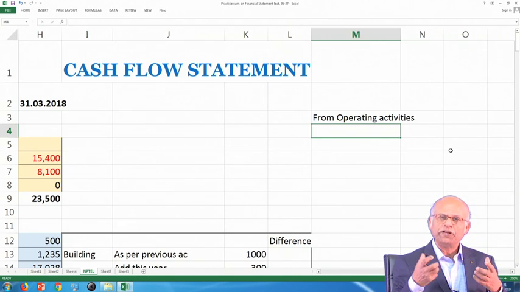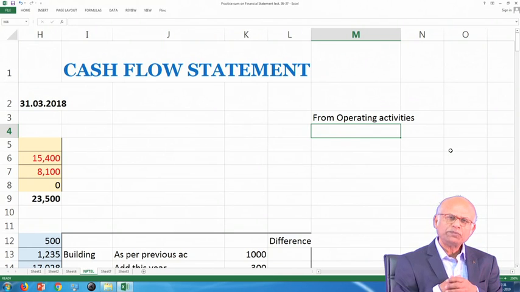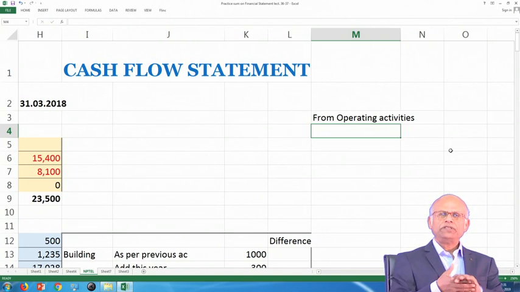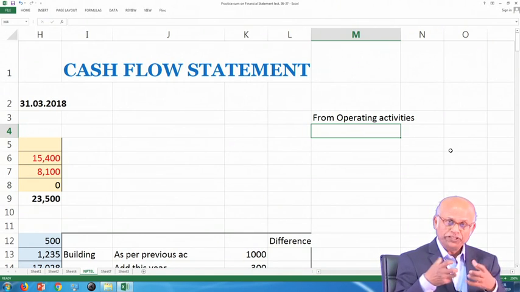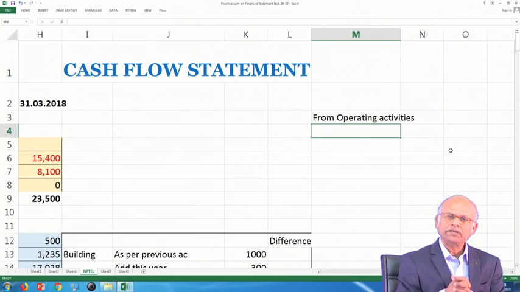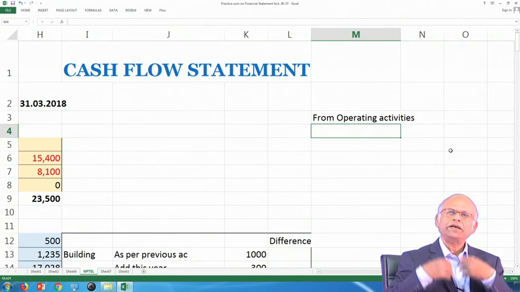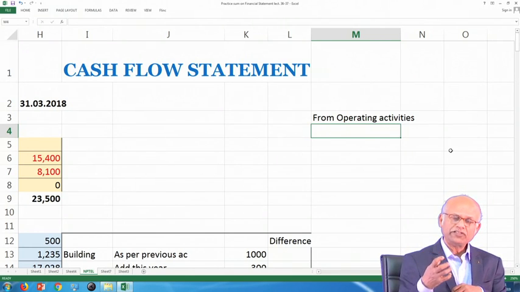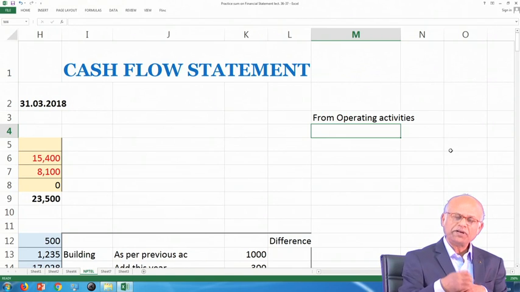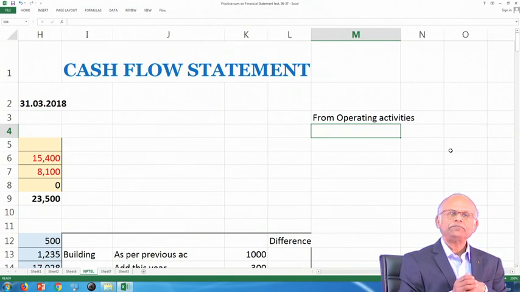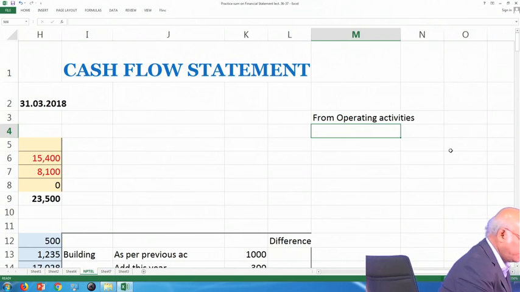Net profit means before dividend, because we want to show how much money is going from the company as dividend separately, so that anybody who is our audience for the cash flow should know how cash is coming and how cash has been utilized. That is important. That is the flavor of the cash flow statement. It gives the idea as to how cash came into the company and how cash has gone out from the company. So, we write net profit first.